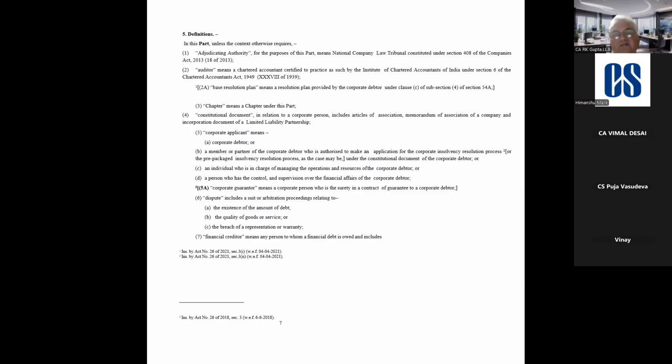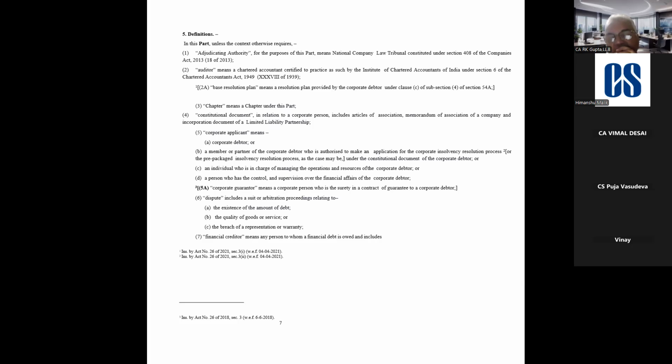But is it so in case of a financial creditor also? Suppose a banker has given a loan and there is a dispute. Then whether the banker can file an application under section 7? Yes, sir. So the question of dispute is not relevant in case of financial debt. It is relevant only in case of operational debt, because in case of operational debt, it is not a recovery mechanism.